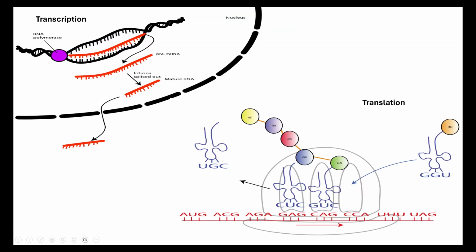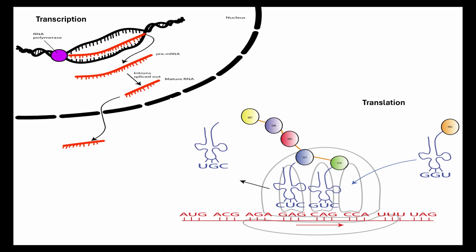And we need to remind ourselves of transcription that occurs within the nucleus. So where we have RNA polymerase that's going to form those phosphodiester bonds, creating our pre-mRNA, our single strand, which will then be spliced to provide us with our mature RNA.